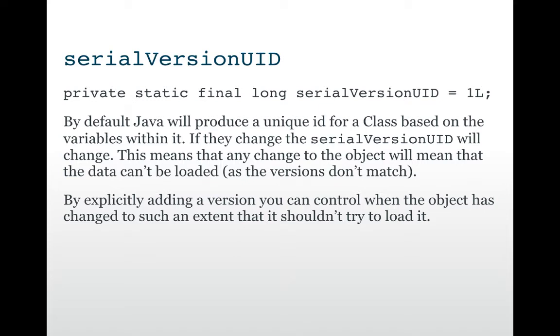Java serialization will try to guess how to load those bytes from disk. There are certain operations it will be fine with. For example, if you just add variables and then load up an object that doesn't have those variables, it will just store them as null.